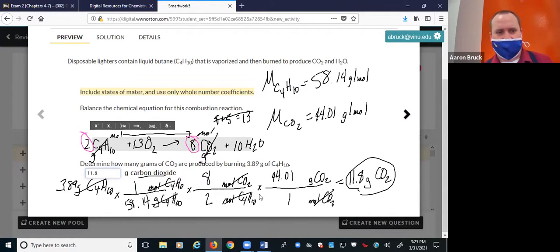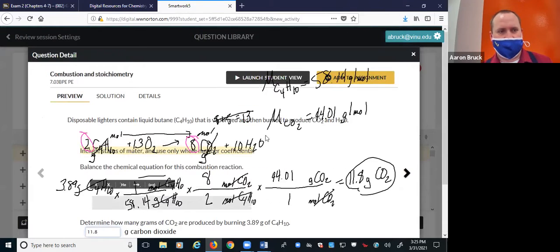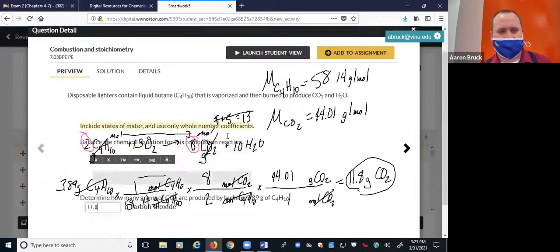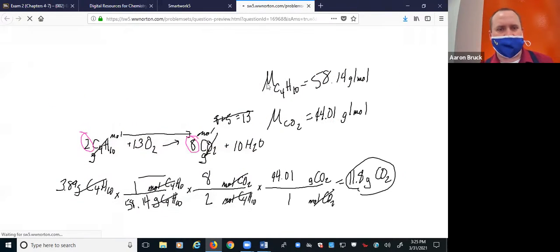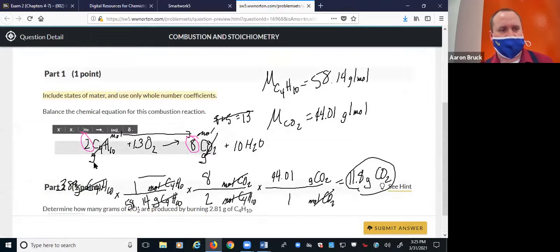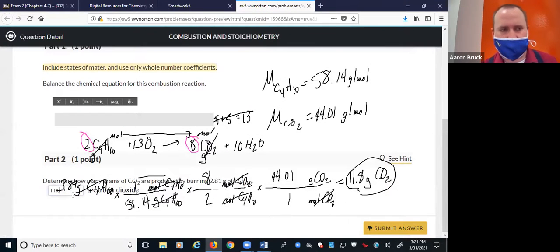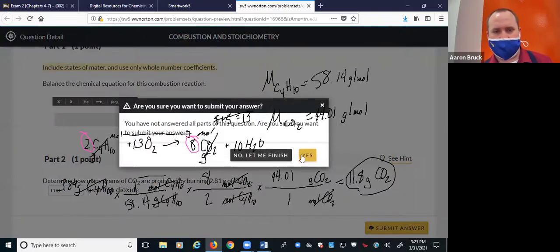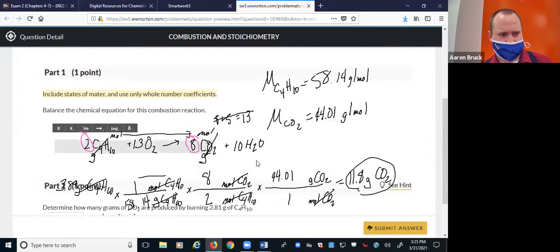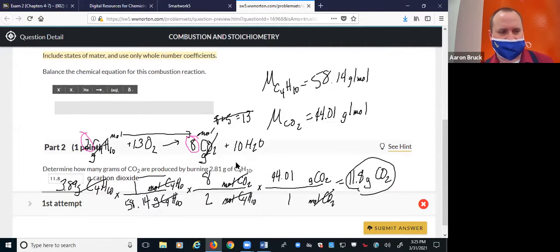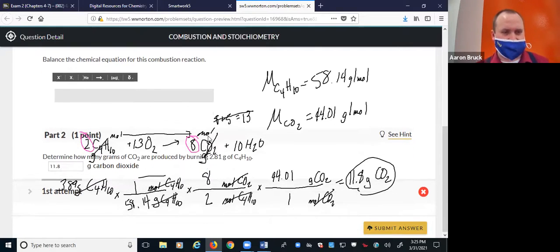So if I punch that in, it's not going to let me check because I'm not in the student view. Otherwise, I would have felt really foolish. But that's the process.